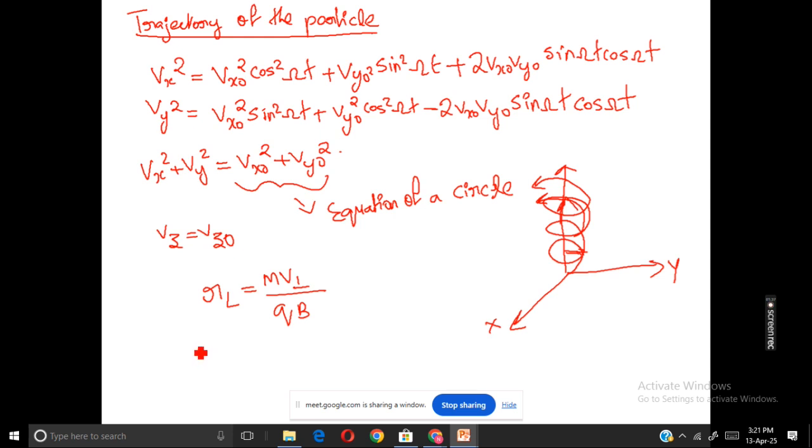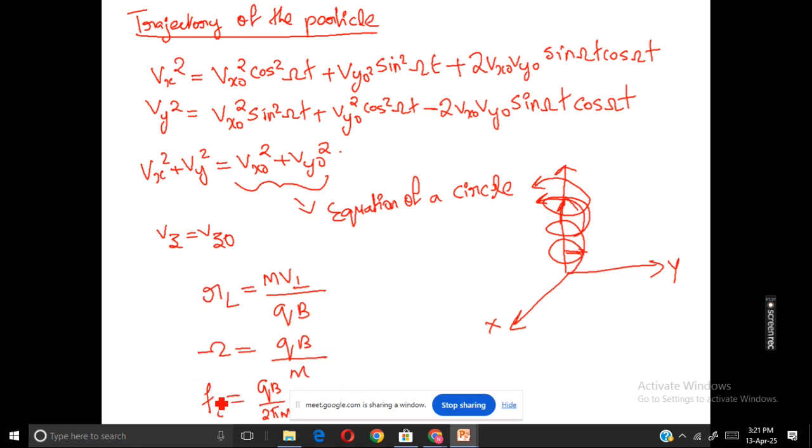And if you want to know the angular frequency of these oscillations, it is given by qB by m. And the frequency of oscillation is given by omega by 2 pi, or qB by 2 pi.